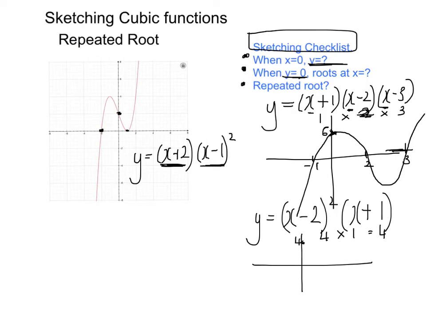Then when y is 0, this is where it crosses the x-axis, these are our roots, so we have a root at minus 1 and a root at 2. Now see how it's squared, that means it's a repeated root.